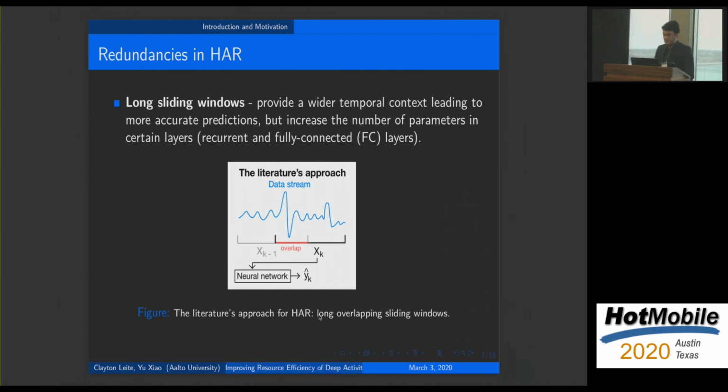And we feed this window to a neural network and it gets a prediction. So having a long sliding window will give you a wider temporal context to better infer about the activity. But there is also a downside because it increases the number of parameters in certain layers. For example, recurrent layers are very used in human activity recognition, and fully connected layers. So this is the bad side about using long sliding windows.